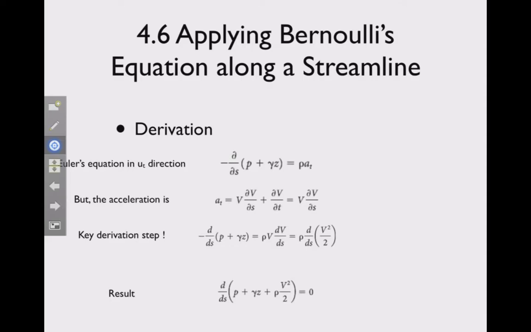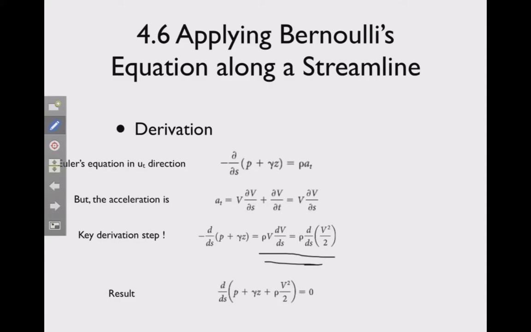So this is right here. This is kind of the crux of the derivation. This is the important step, to make this connection between these two terms, and note that they're equal.